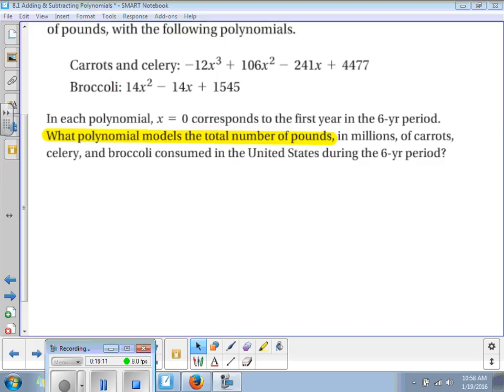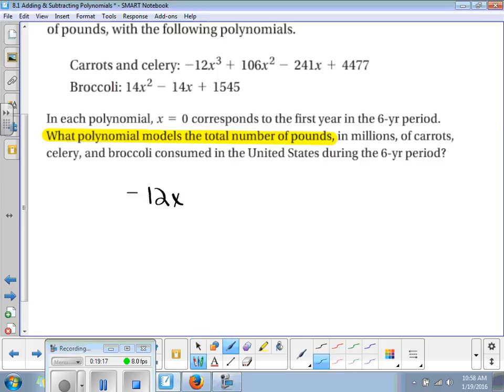So, let's start with writing our first polynomial. So we have negative 12x cubed plus 106x squared minus 241x plus 4,477.